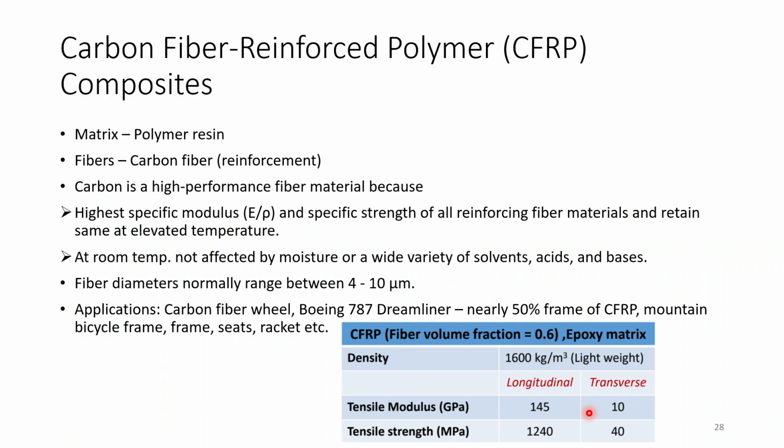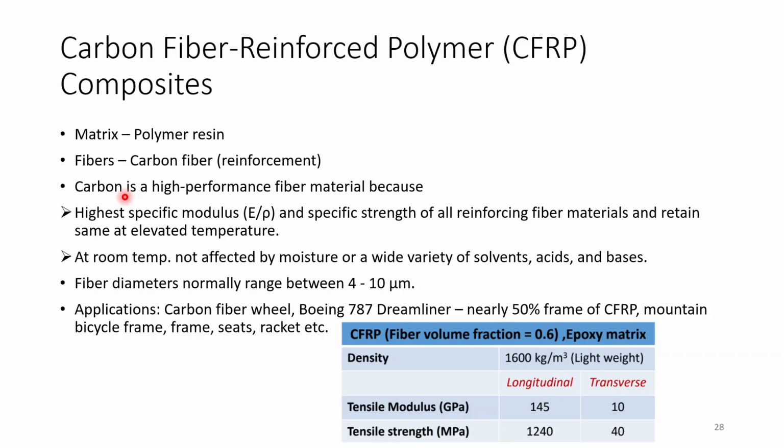Next up you have carbon fiber reinforced polymers. In this case you have matrix as polymer resin, and fibers are made of carbon, and carbon is a high performance fiber material because it has the highest specific modulus.